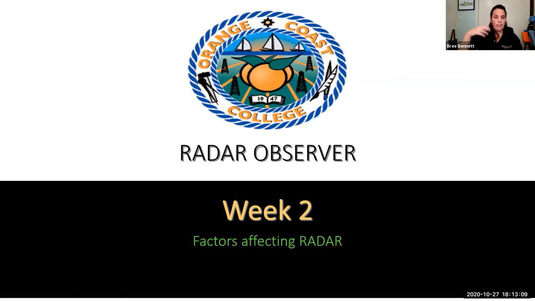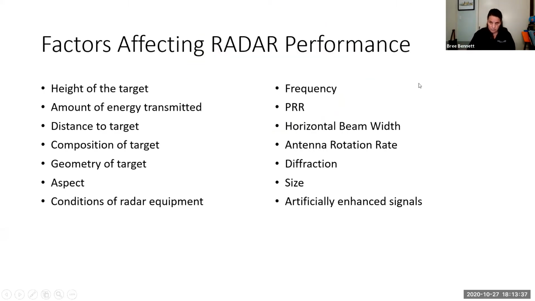All sorts of different factors can give us poor quality radar resolution or great, and really help us with our situational awareness. We really want to know what's going on around us and adjust our radar in accordance. So let's get started.